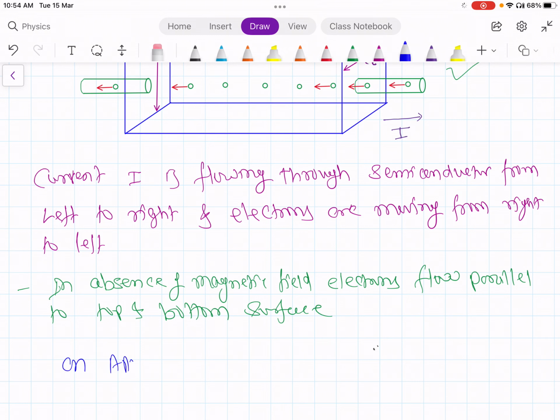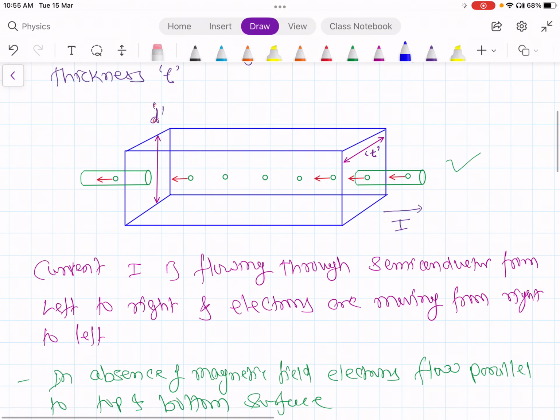On application of magnetic field, this magnetic field we have to apply in a direction perpendicular to the direction of current. So we are going to apply magnetic field which would be perpendicular to this paper. The current is moving from left to right, and the magnetic field is going through this paper.